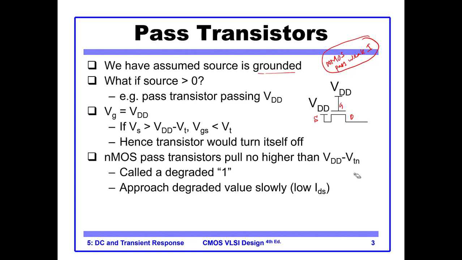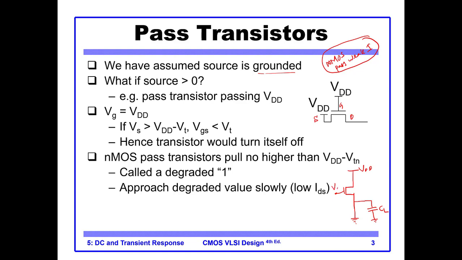So for example, here we have our NMOS, this is our gate, and here we have our ground, and normally we have a load capacitance here. So whatever thing we connect at the output, it has some internal capacitance.